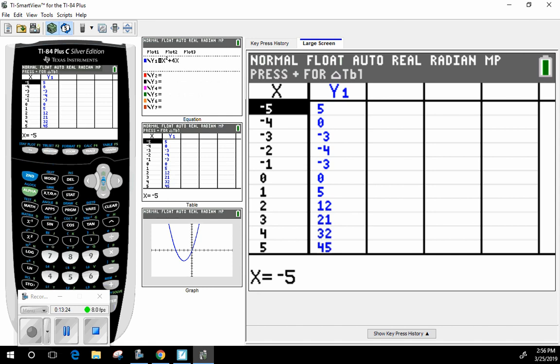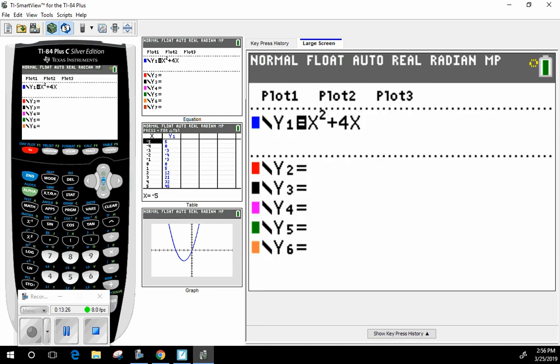So this is where we grab our calculator. We're done with number 6, so let's clear that equation. Do zoom 6, and that will put you back at a 4-quadrant grid.